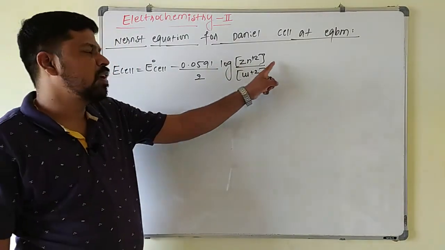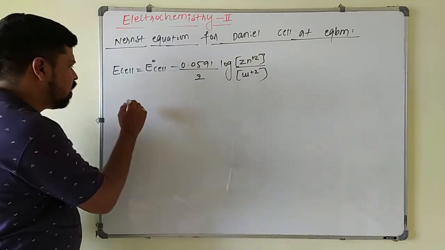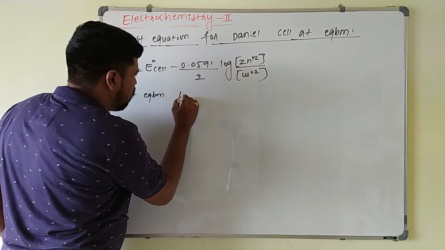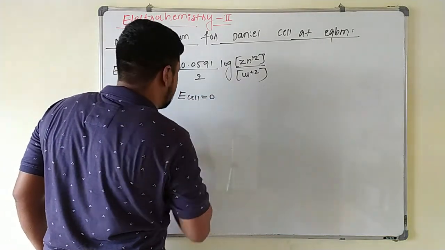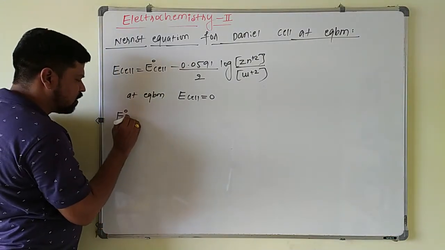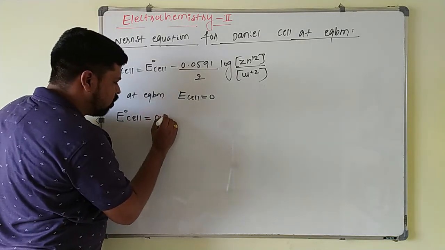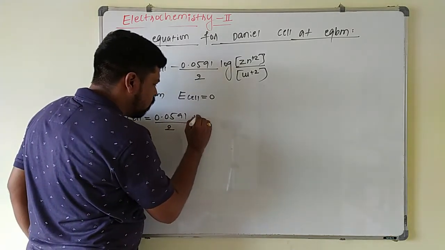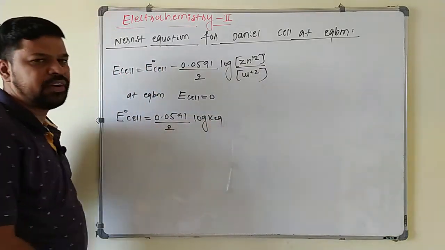This is nothing but log of K equilibrium. Already we know that at equilibrium E cell will be equal to 0. At equilibrium, that cell potential will be equal to 0. So this equation becomes E naught cell is equal to, this will go this side, 0.0591 divided by 2 log of, this is nothing but the equilibrium constant, log of K equilibrium here.